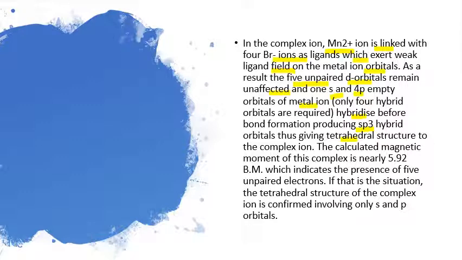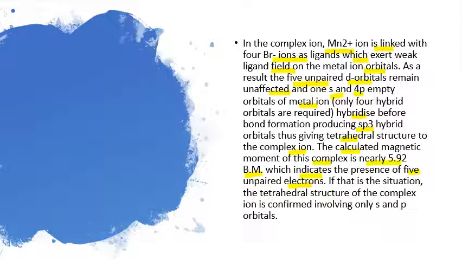That is the tetrahedral structure of the complex ion. If we see its magnetic moment, the calculated magnetic moment of this complex is nearly 5.92 Bohr magneton, which indicates the presence of 5 unpaired electrons.